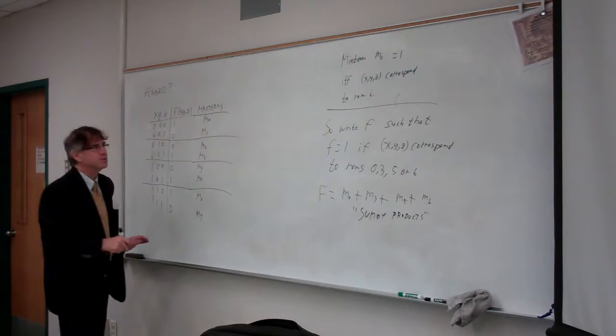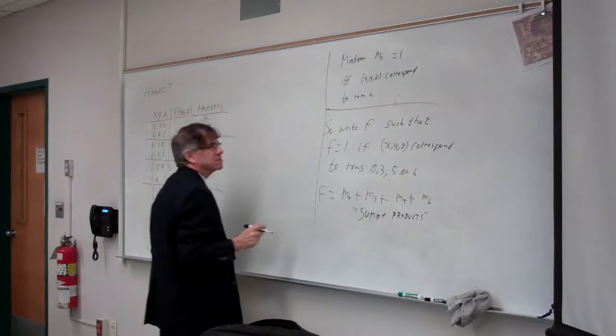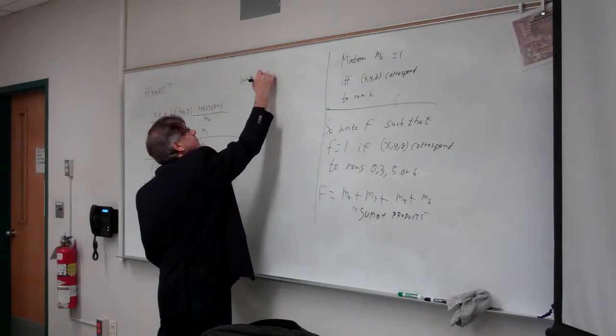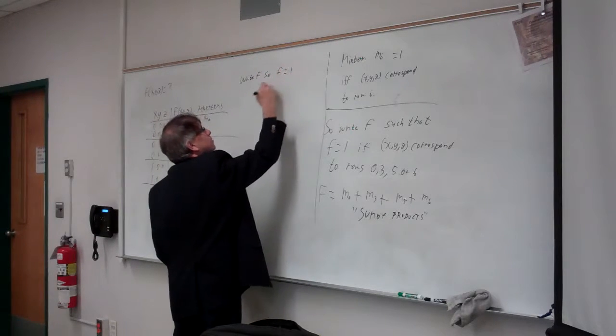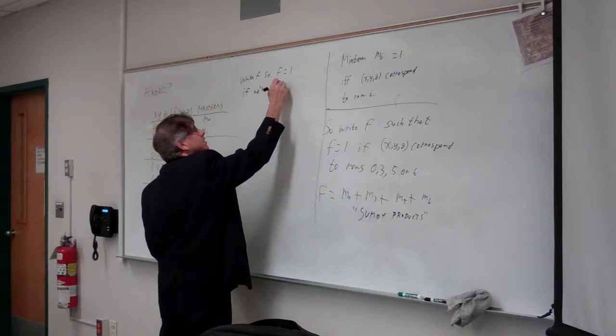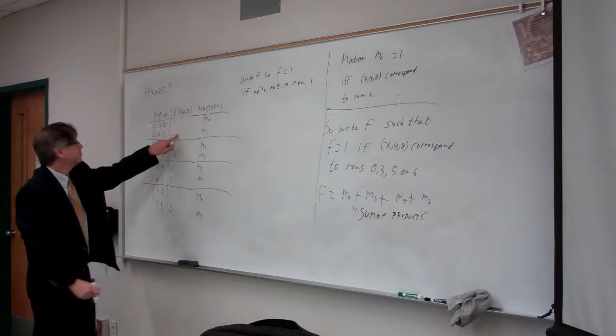Okay, here's the dual way of looking at it. So, write f, so f equals 1 if we're not in row 1.